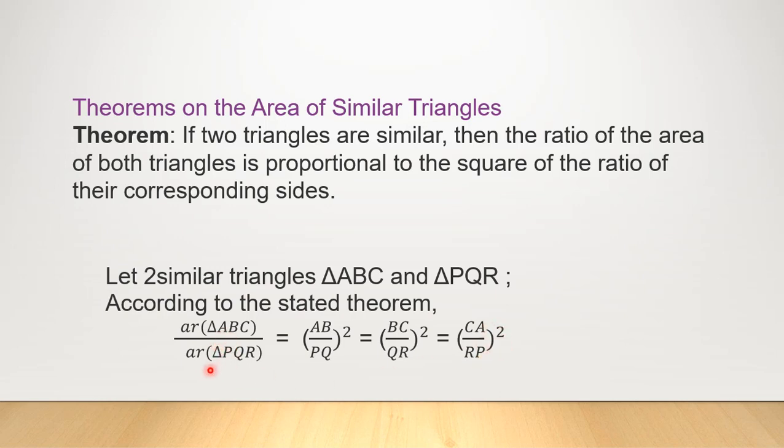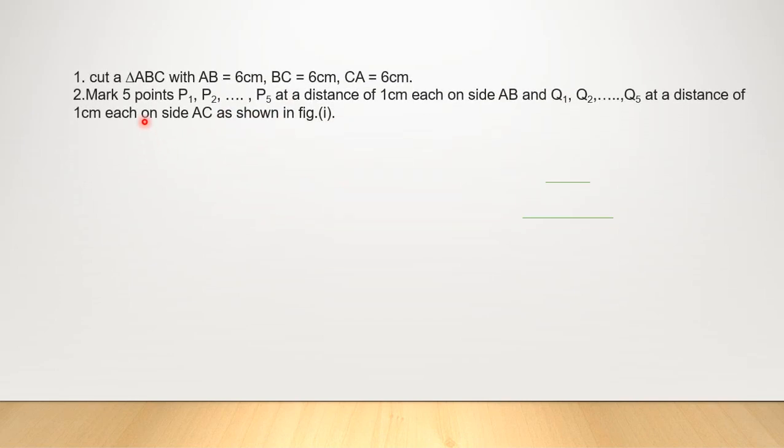That is, the ratio of the area of the two triangles is equal to the ratio of the square of their corresponding sides. So, how does it come? Let's know about this.